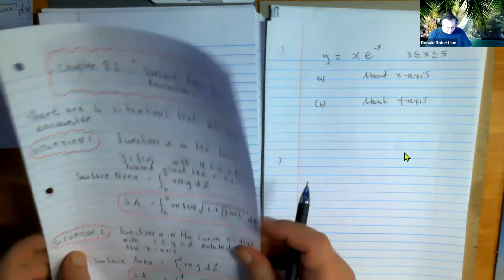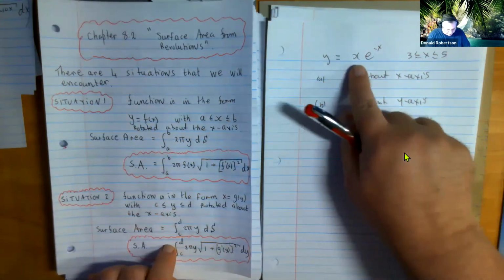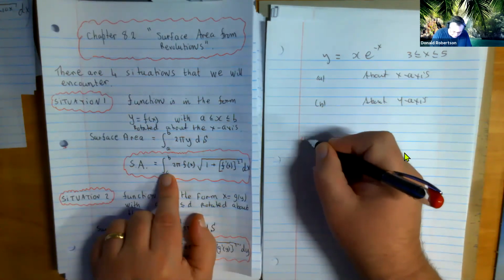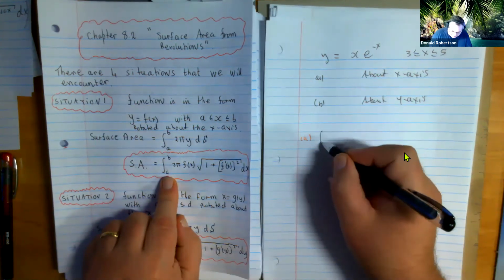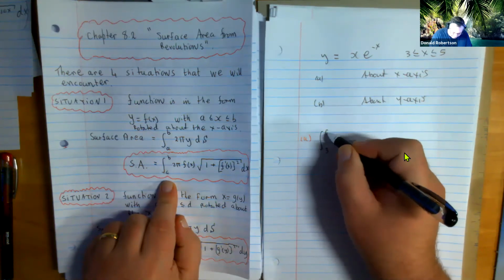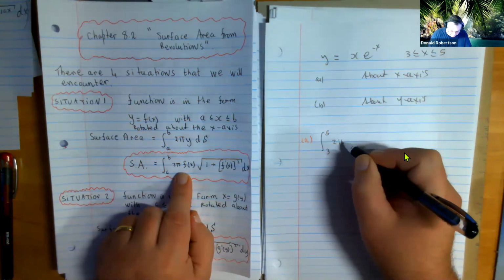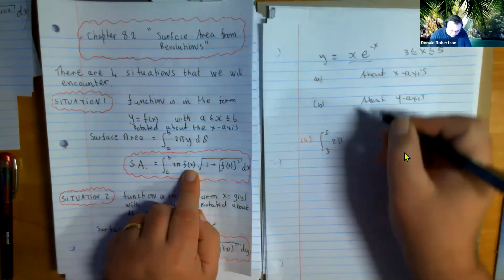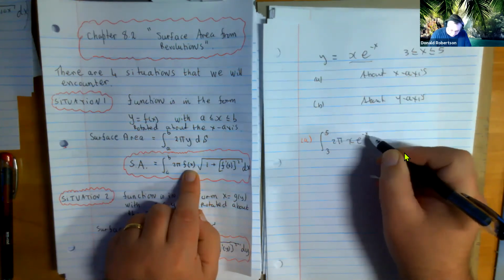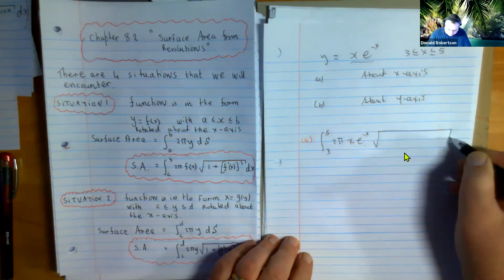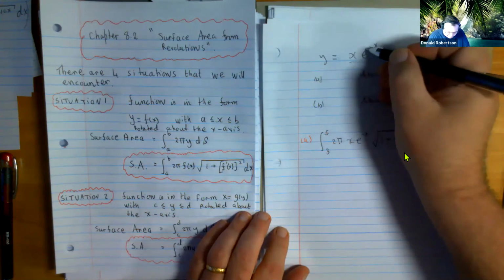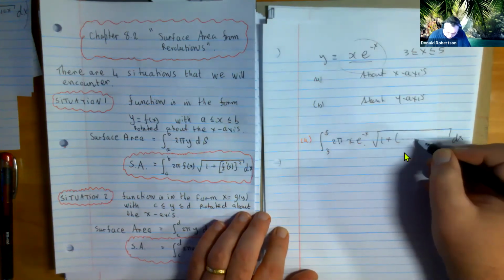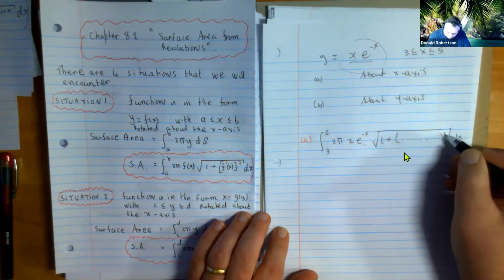Well, since it's about the x-axis, you agree it's 1 and 2. Everything is xy, so it's 1. So the answer to A is going to be the integral from 3 to 5, 2 pi f of x square root of 1 plus the derivative of this squared.